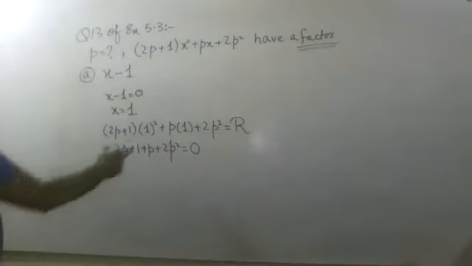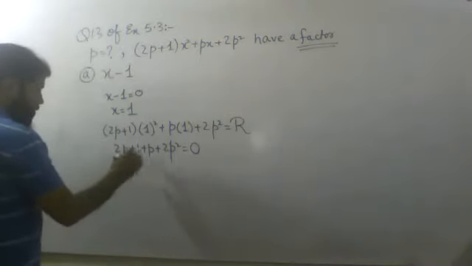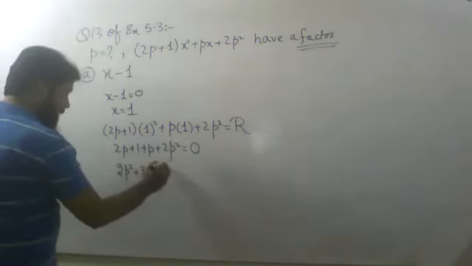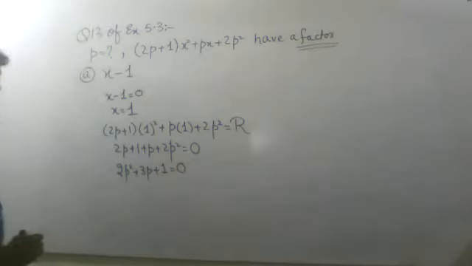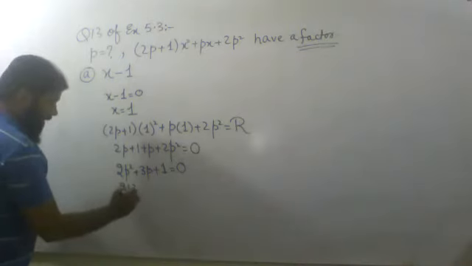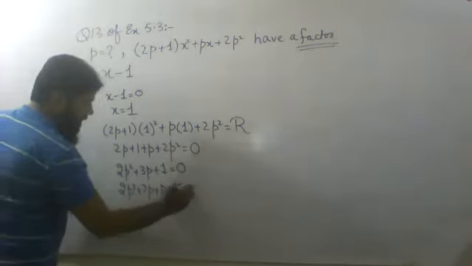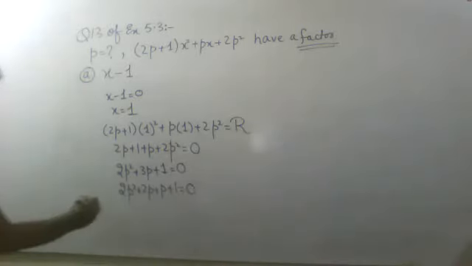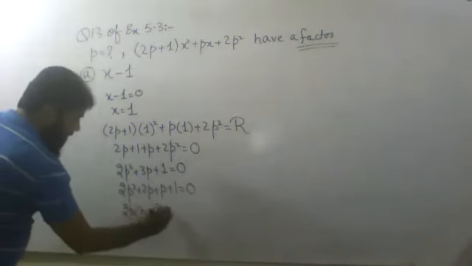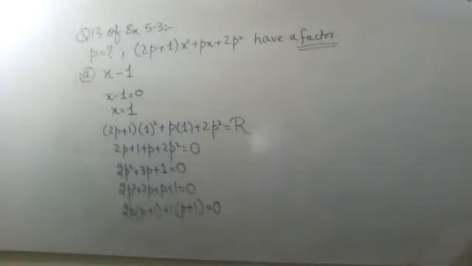Okay. So simplifying it, 2p square, 2p plus p will be 3p plus 1 equals to 0. Okay. Doing middle term breaking, 2p square plus 2p plus p plus 1 equals to 0. 2p common, this will become p plus 1, plus 1 common, p plus 1 equals to 0.